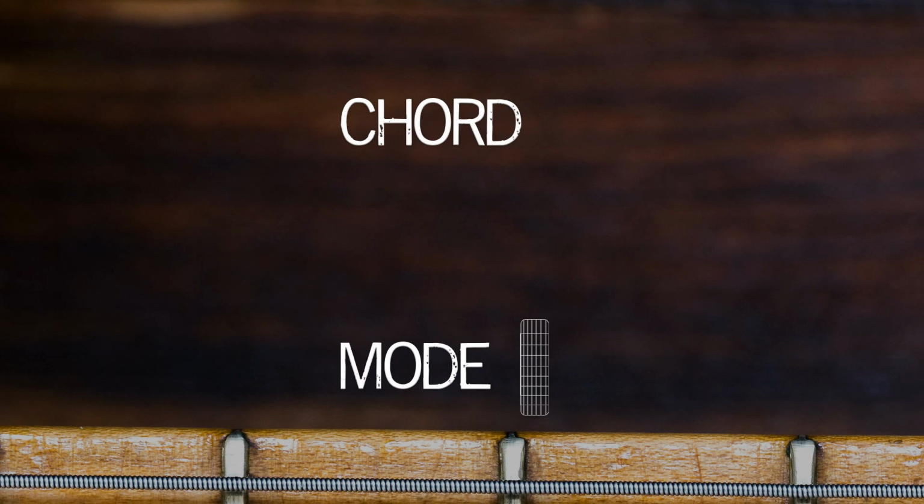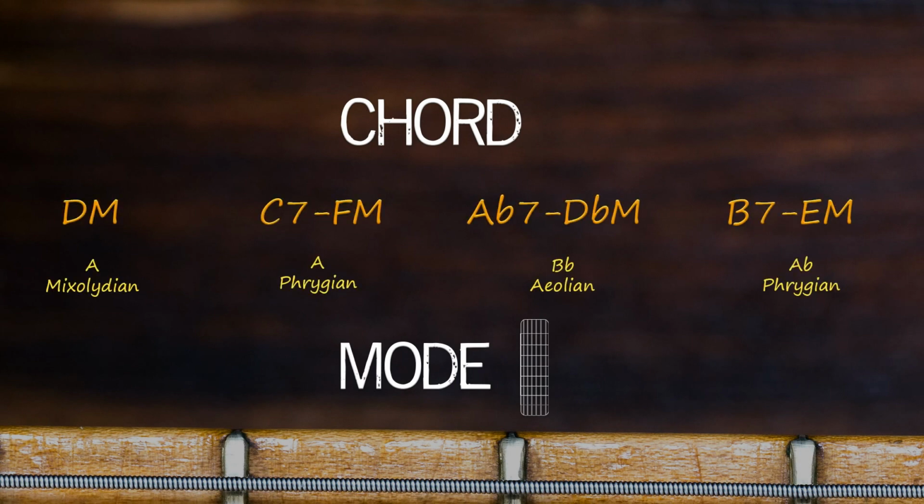Here, for instance, for the first chord of the form, D major, we're going to grab the shape of a Mixolydian from the sixth string. Then when the key center changes to C7 to F major, we're going to grab A Phrygian. A Phrygian is used to facilitate the new key center, C7 to F major.